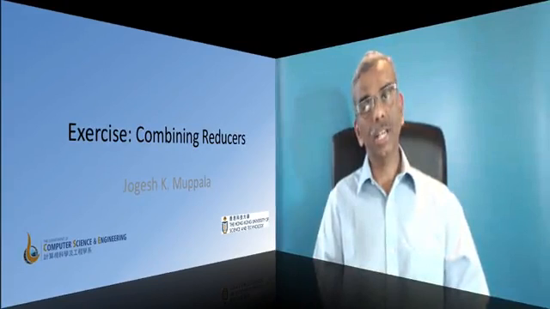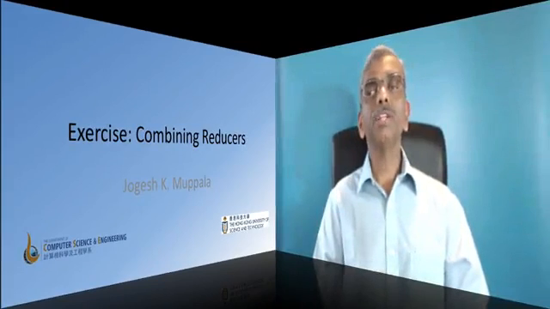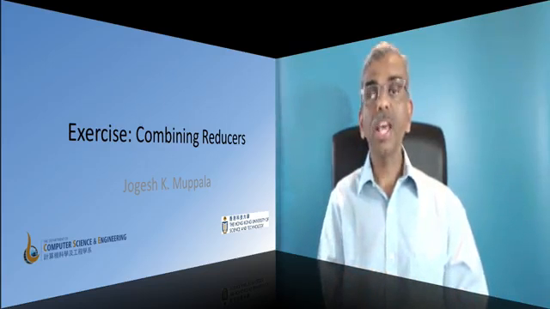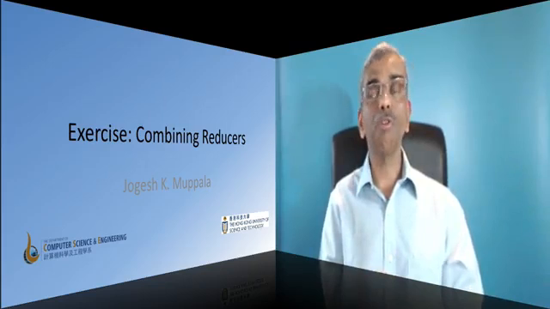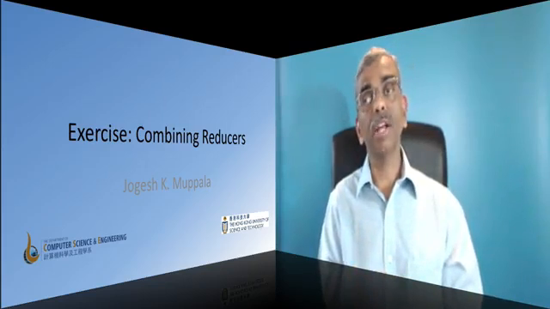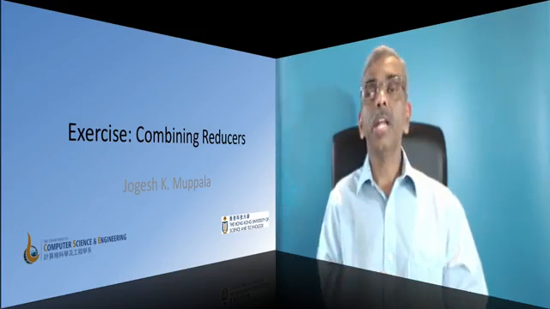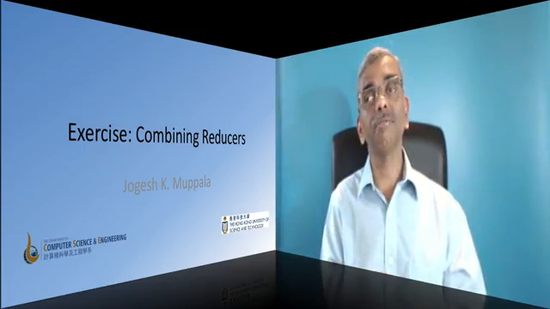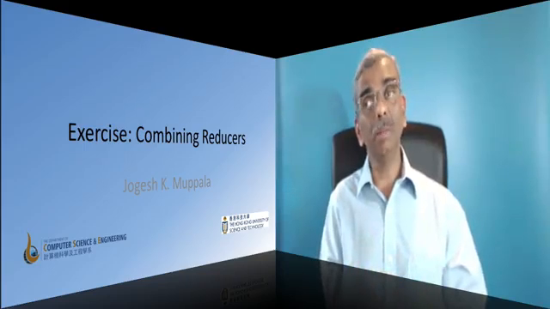As we have learned in the previous lecture, we can split our reducer into multiple simpler reducers and then combine them together to form the overall reducer that manages the global state. Now, in this exercise, we will take the simple reducer that we implemented for our Redux and split it into multiple reducers.